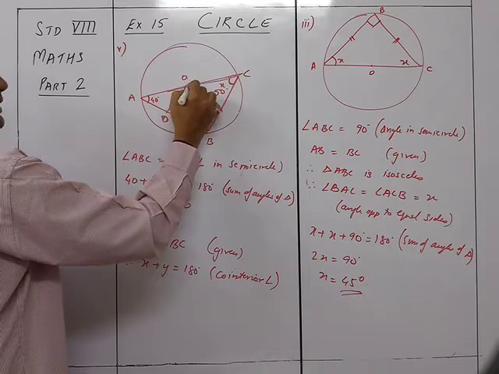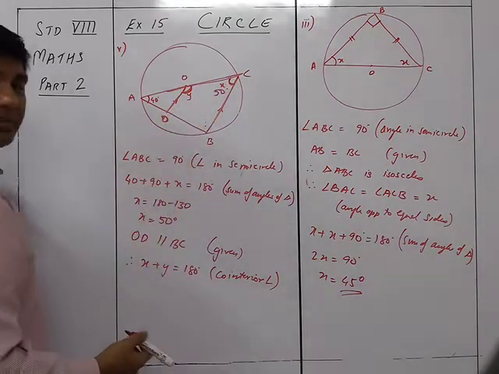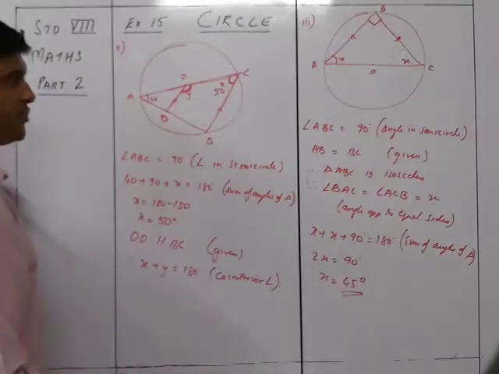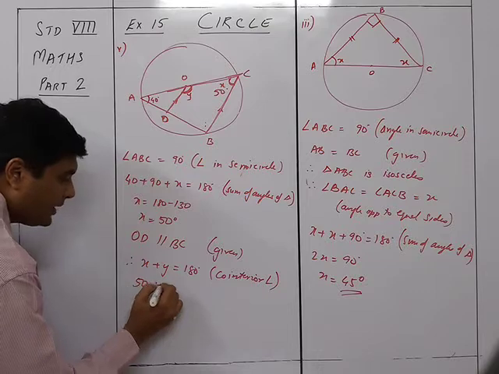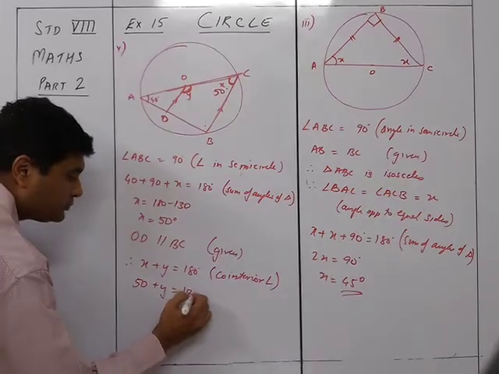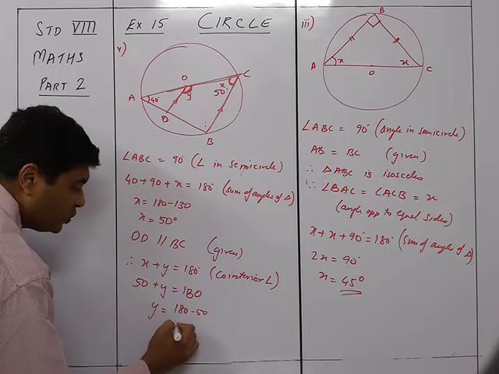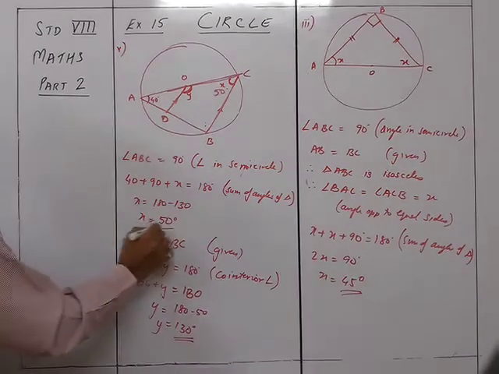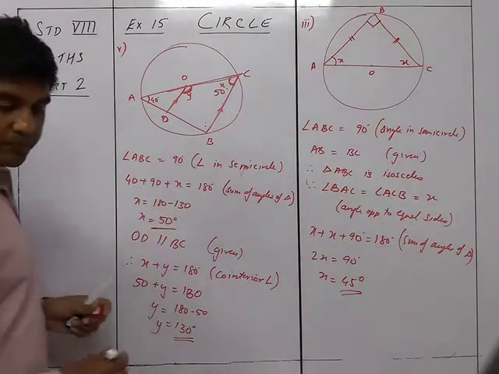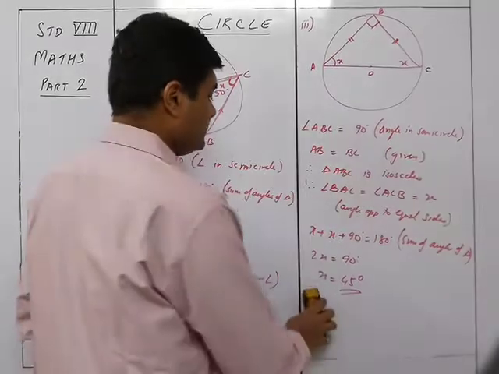So these are co-interior angles, they are supplementary. So x plus y is equal to 180, x is known as 50. So 50 plus y is equal to 180. So y will be 180 minus 50 is equal to 130 degrees. So x is 50 and y is 130. We see sum number 7 now.